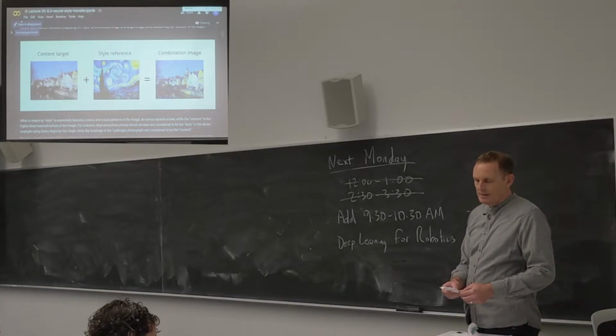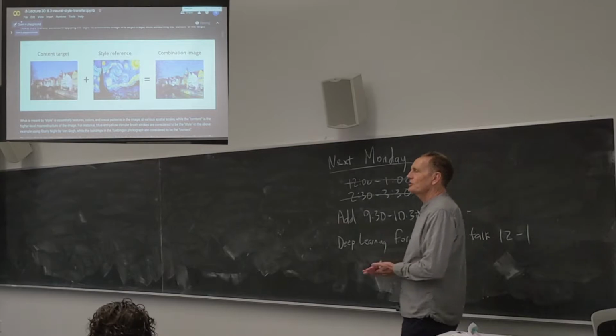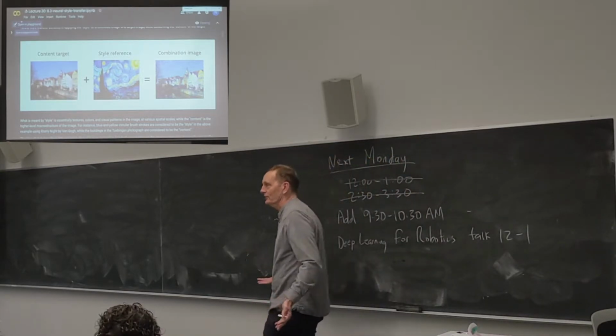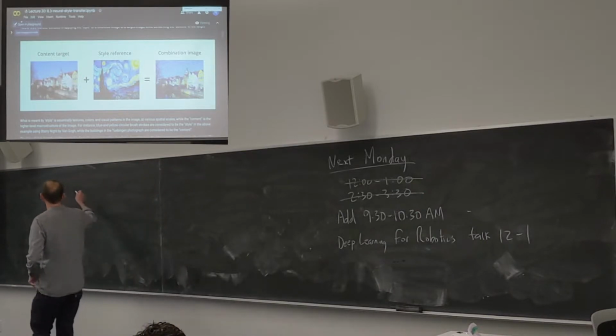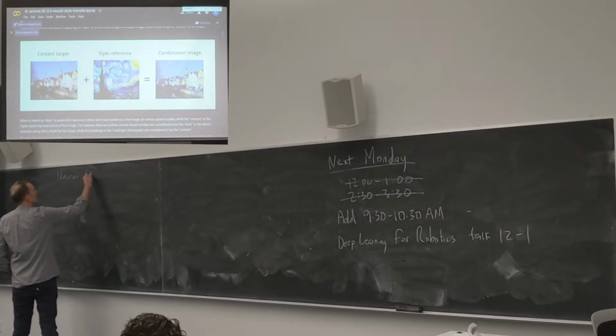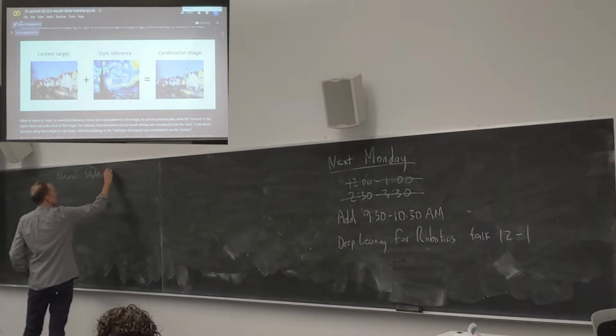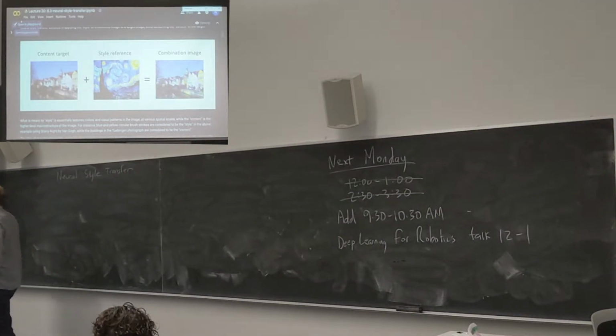All right, so today we are talking about using neural networks to generate things. The first thing we're going to be talking about is what's called neural style transfer. This paper was done, I believe, in 2015.